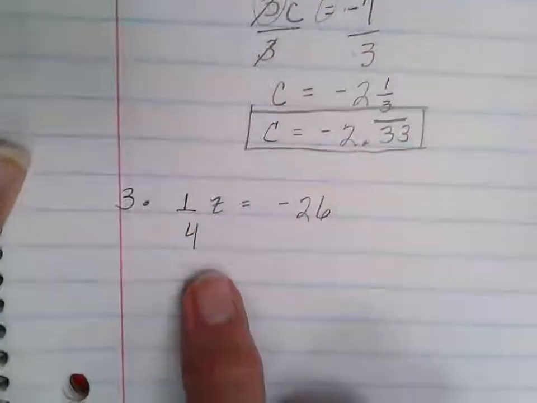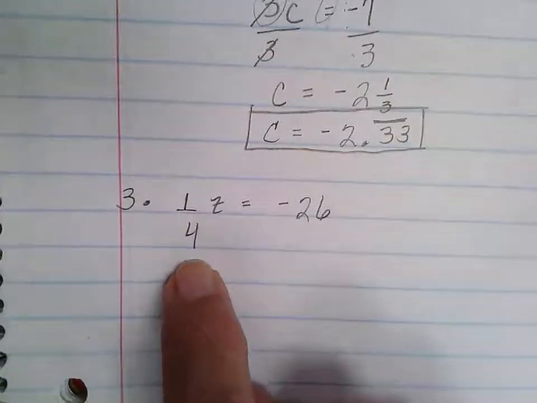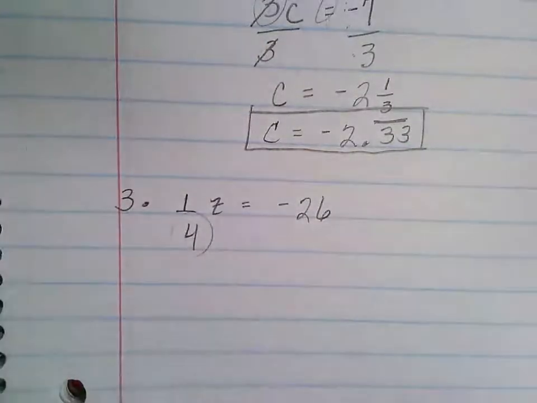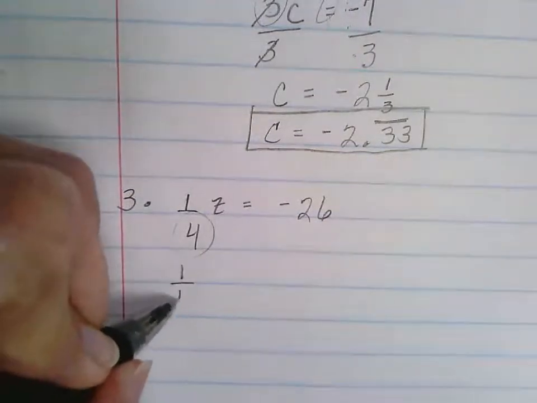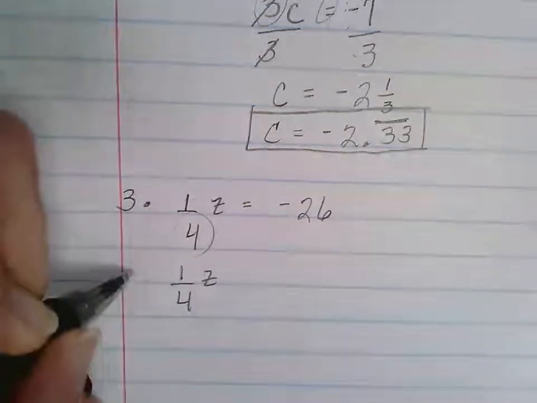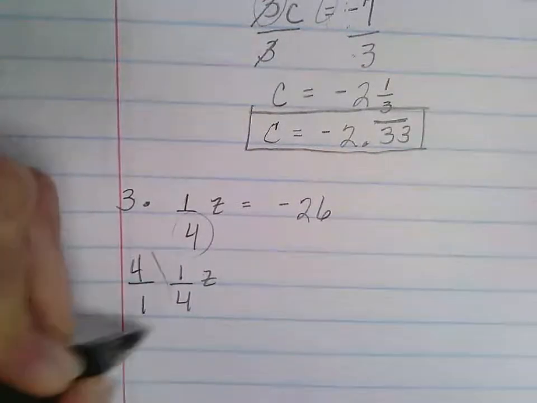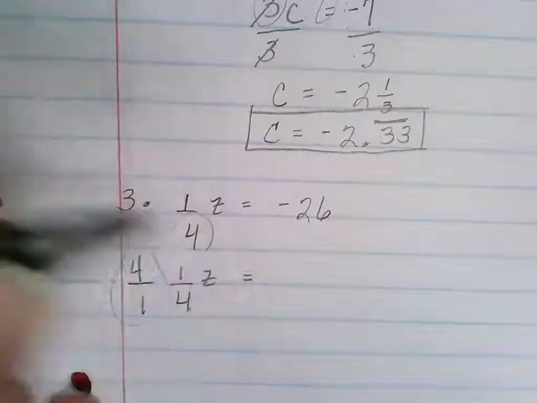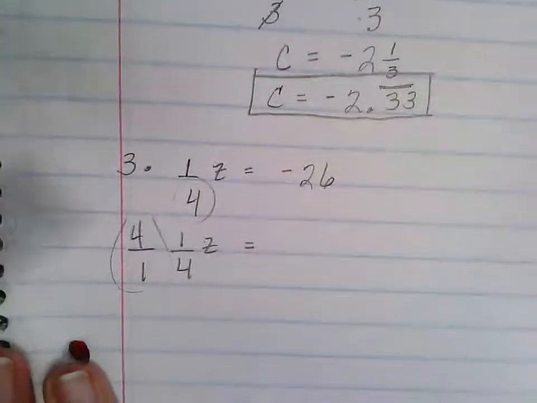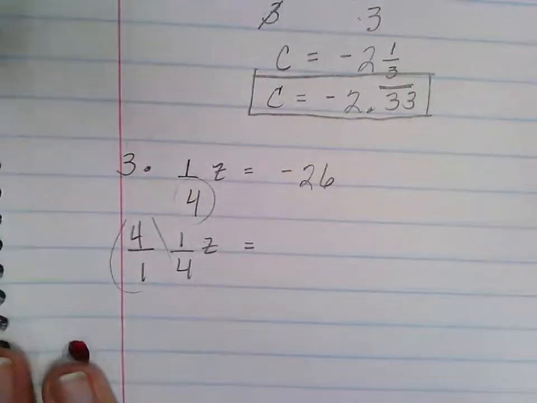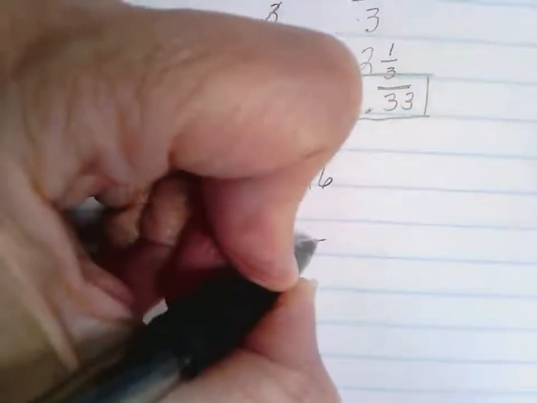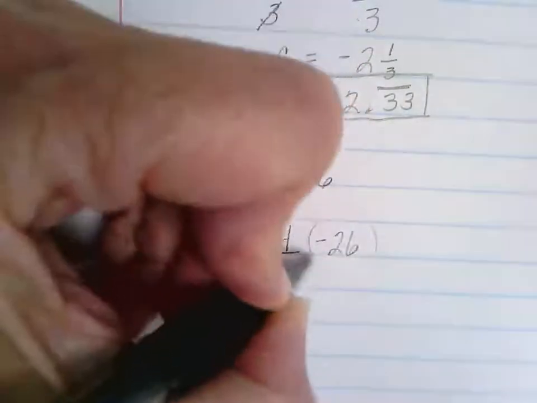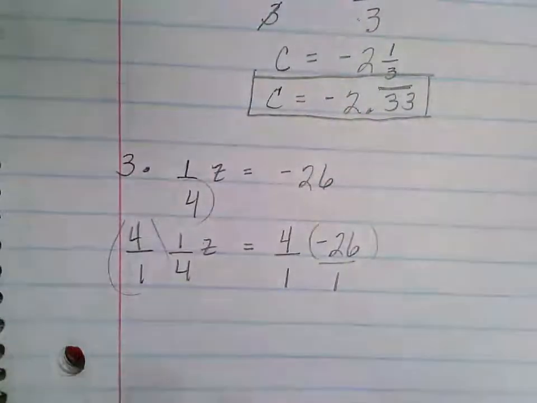I only have one fraction here, so I can just simply use the denominator that I'm given, and I'm going to multiply both sides by 4. So I'm going to have 1/4 Z times 4. Just preference, I like to write my multiplication in front. You could have put it behind. And I'm going to multiply -26 over 1 by 4.